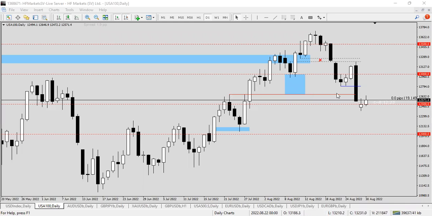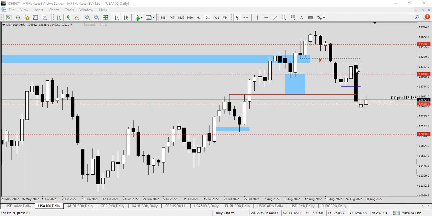This level, that red line, is just above the institutional big figure or mid figure, 12,500. And again, we swept that here, and then it's playing around. This is another one of the reasons why on Friday I was saying 12,680 is very likely to get run.